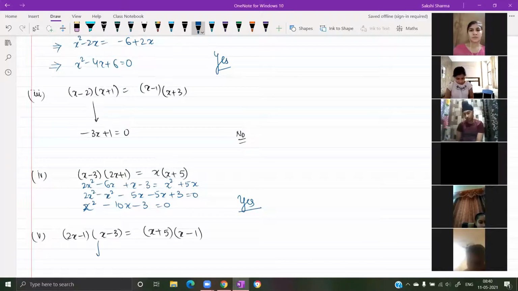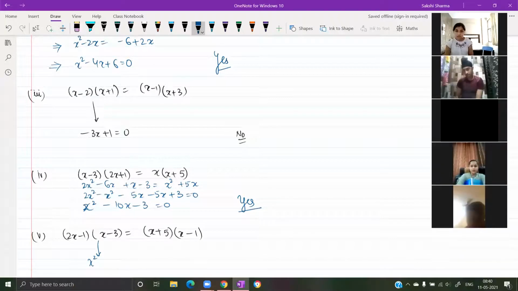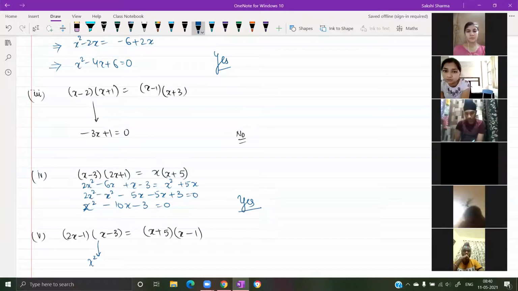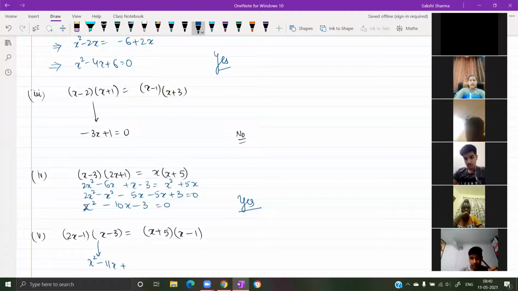The equation you obtain after simplification. x square minus x plus 8 is equals to 0. Kindly check, is this the answer? x square minus x, or is it minus 11x? Ma'am, it is minus 11x. Minus 11x plus 8 equals to 0. So yes, this is a quadratic equation.